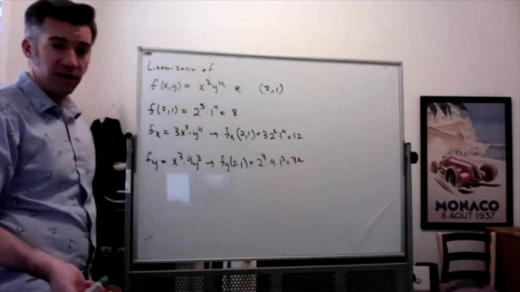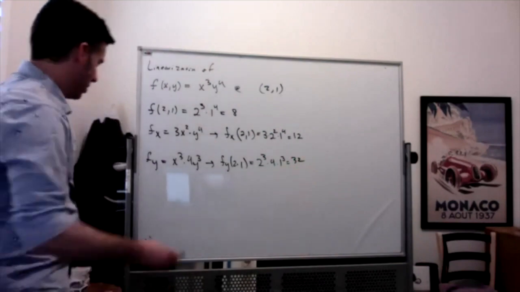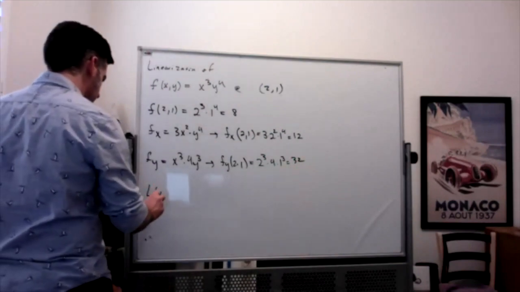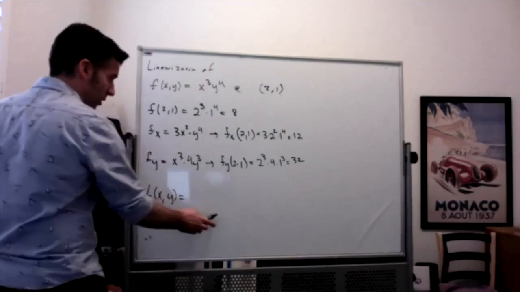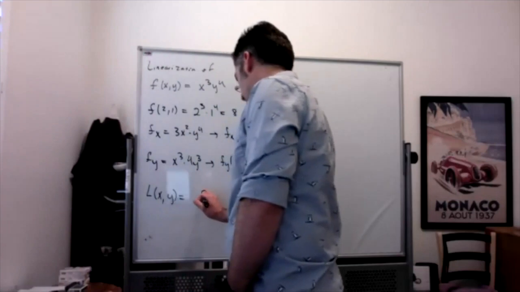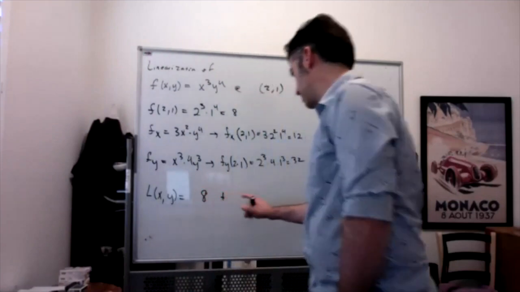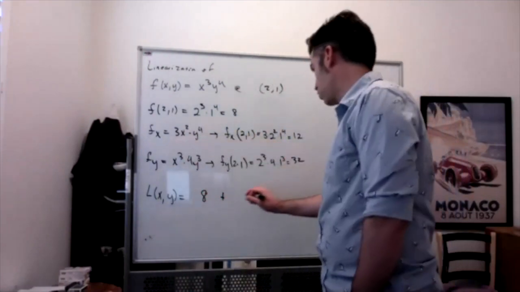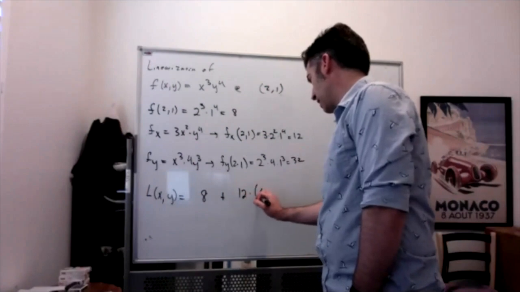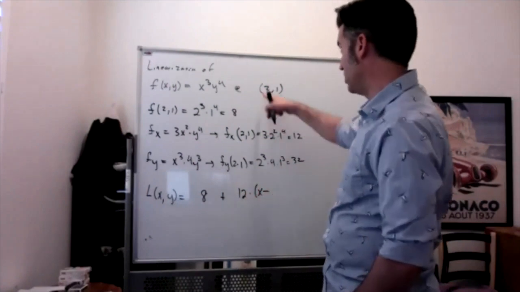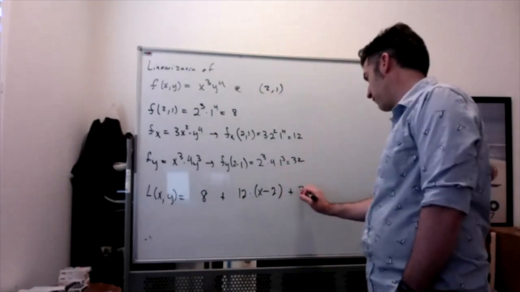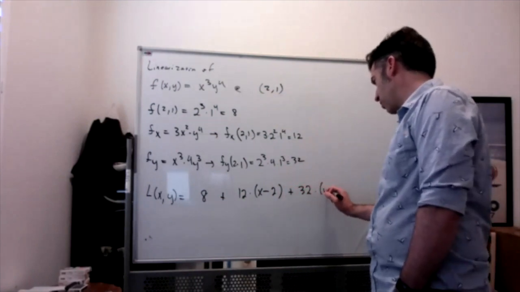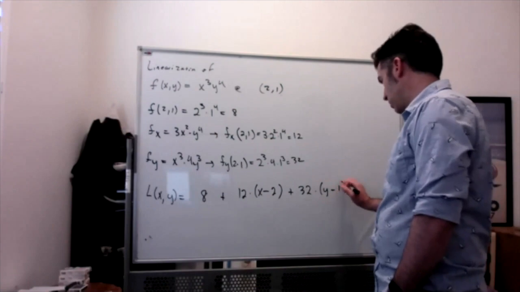And now we have all the information we need to write the equation. Our linearization is f of x naught y naught. That's going to be 8 plus fx, which is 12, times x minus x naught, which is 2, plus fy times y minus y naught, which is 1.